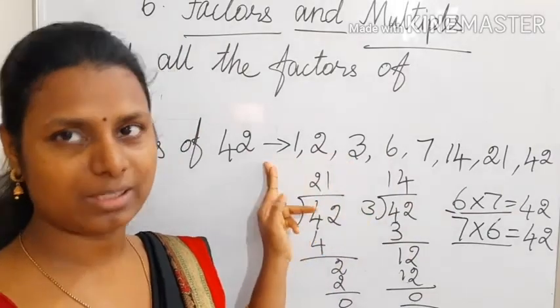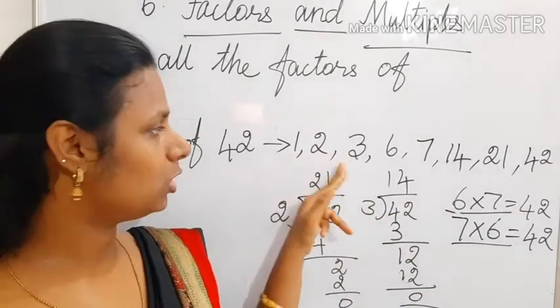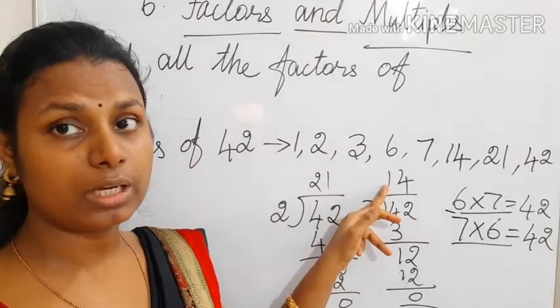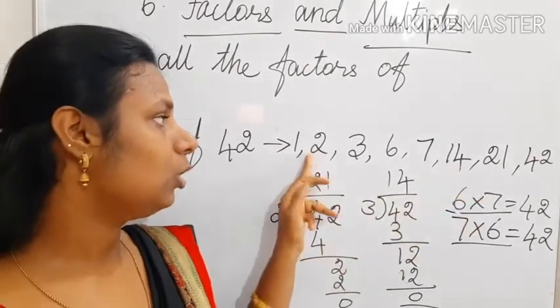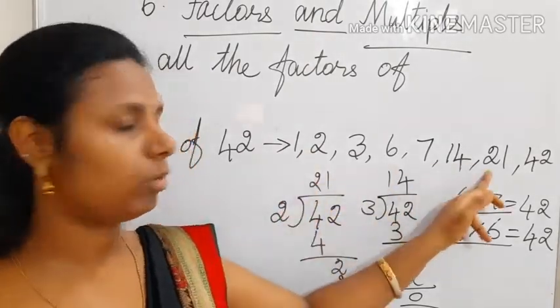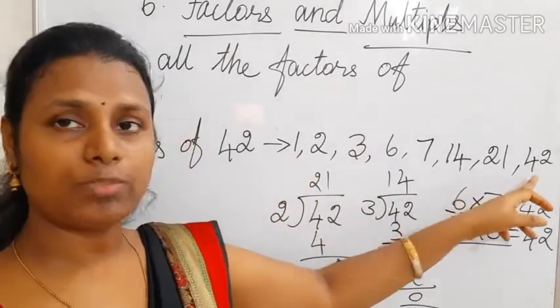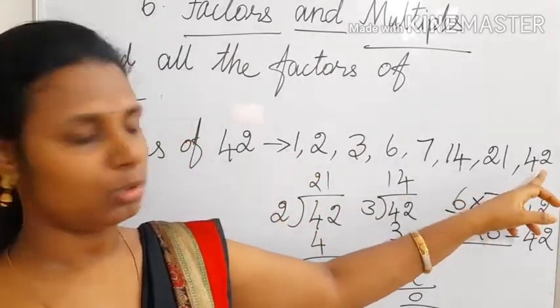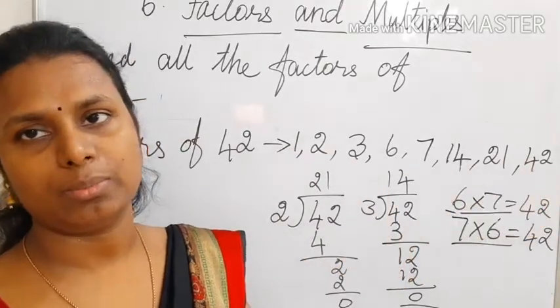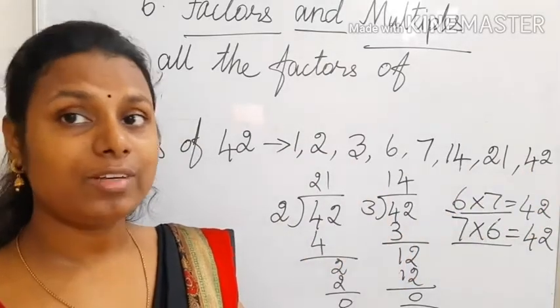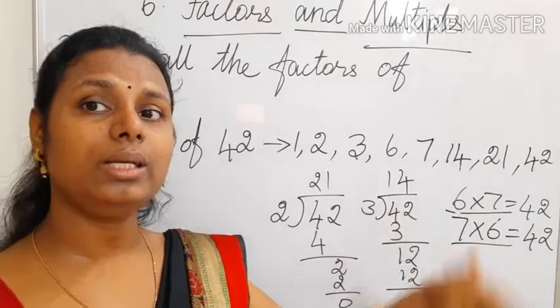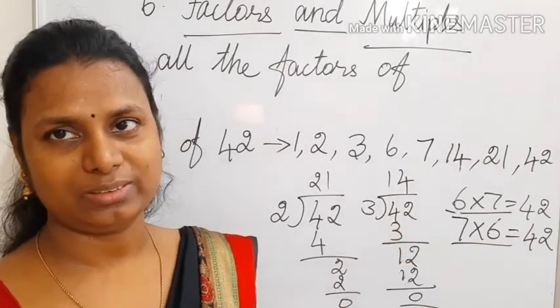Divided by 3, I got 14, so I picked up 14 and wrote it. Divided by 2, I got 21, I picked up 21 and wrote it. With 1, 1 forty-twos are 42, so I picked up 42 and wrote it, that's all. Okay? After that, no need to say all the tables and continue.